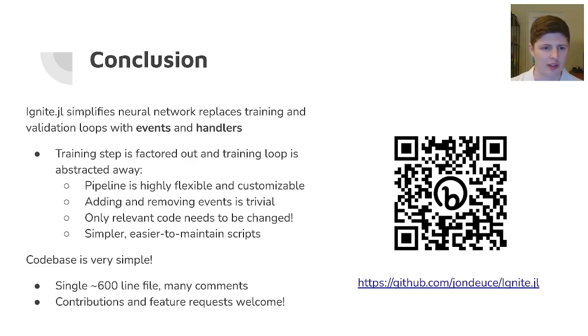It's easy to add and remove events. You really just comment them out or delete them or add another one. Only the relevant code needs to be changed, so you never have to change your original loops or process functions in our parlance. And it's really simple and easy to maintain these scripts. That's from personal experience at least. I hope you'll feel the same if you choose to try it.